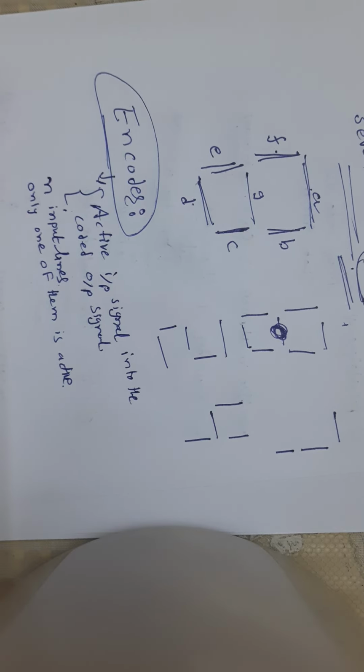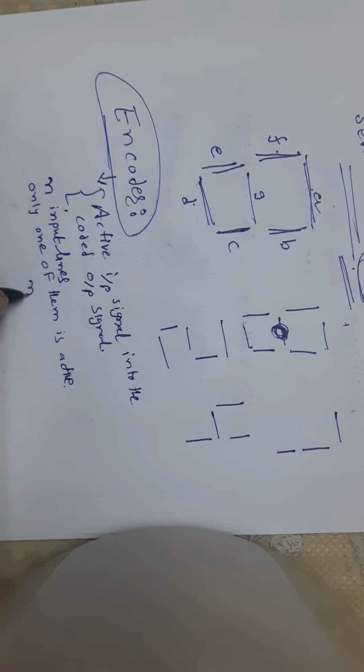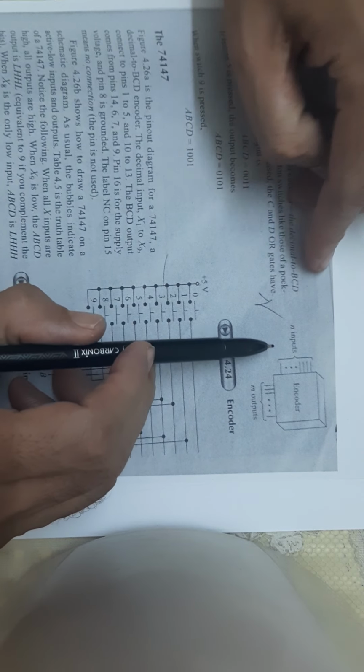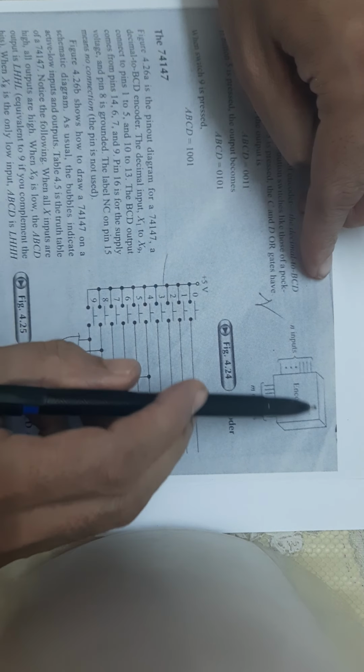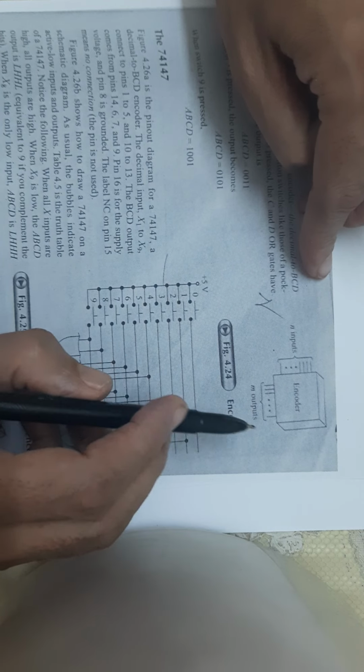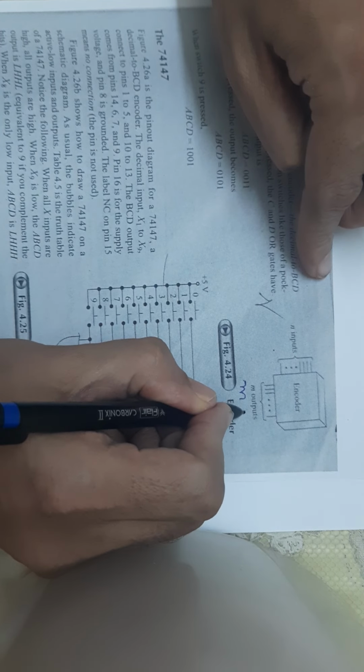Internal logic within the encoder converts this active input to the coded binary output with m number of bits. So this is our encoder circuit diagram. See, there are n number of inputs given here, right? This is the encoder circuit, this is our input, and this is our output, m number of outputs. We are getting m number of outputs, right?